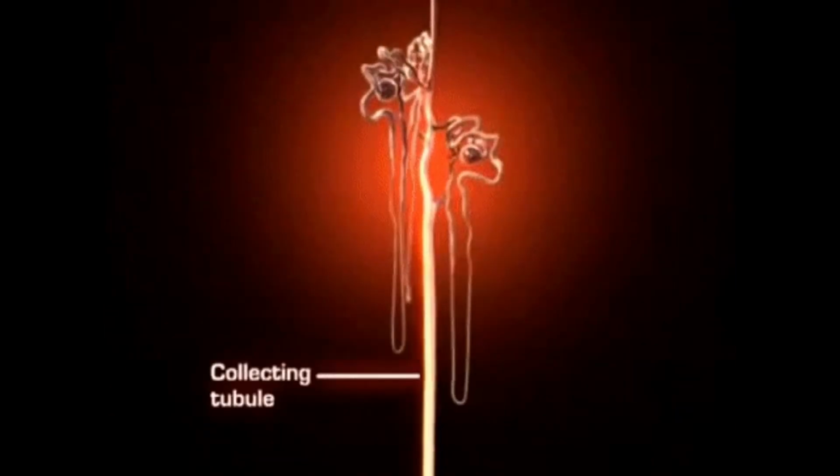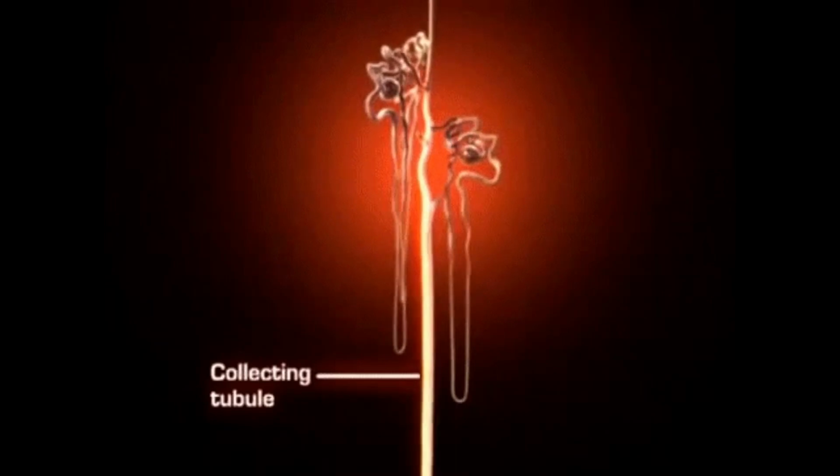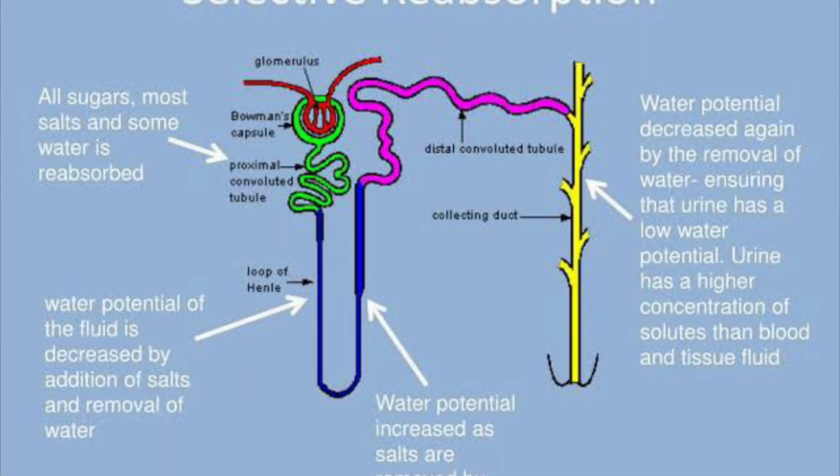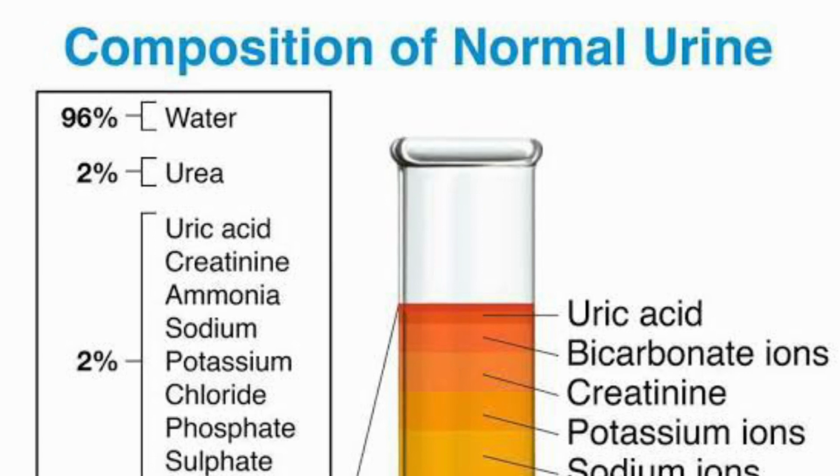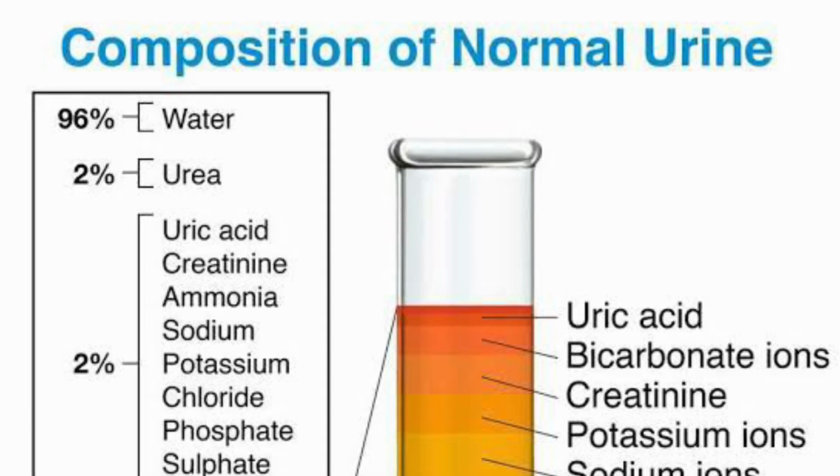As the isotonic urine passes into the collecting tubule, it becomes once again hypertonic by the osmotic reabsorption of water under the influence of the hormone ADH, which is also called antidiuretic hormone. Thus, the urine formed contains 96% water, 2% urea and 2% metabolic wastes or metabolic products.